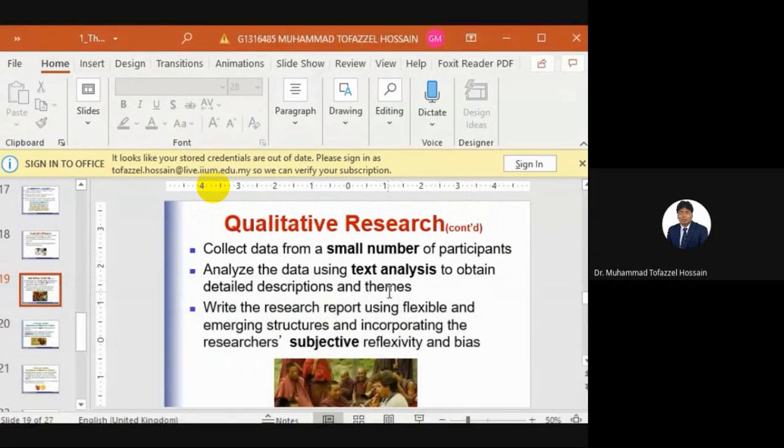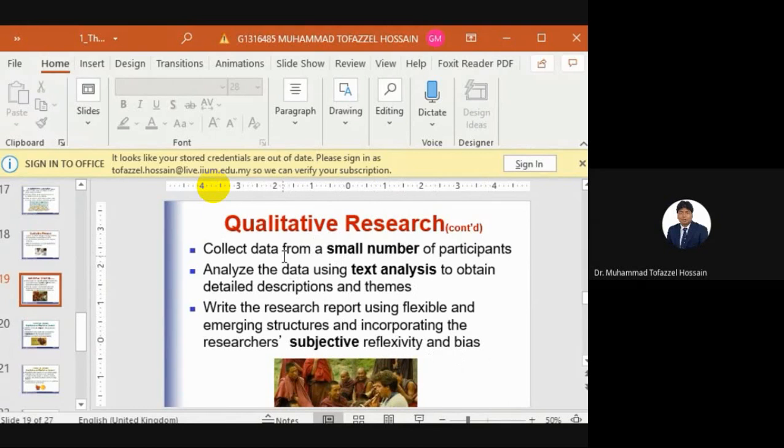And then collect data from a small number of participants, and analyze the data using text analysis to obtain detailed descriptions and themes. Write the research report using flexible and emerging structures, incorporating the researcher's subjective reflexivity and bias. So in qualitative research there are some differences. In quantitative research, you can collect data from a large number of participants, right?